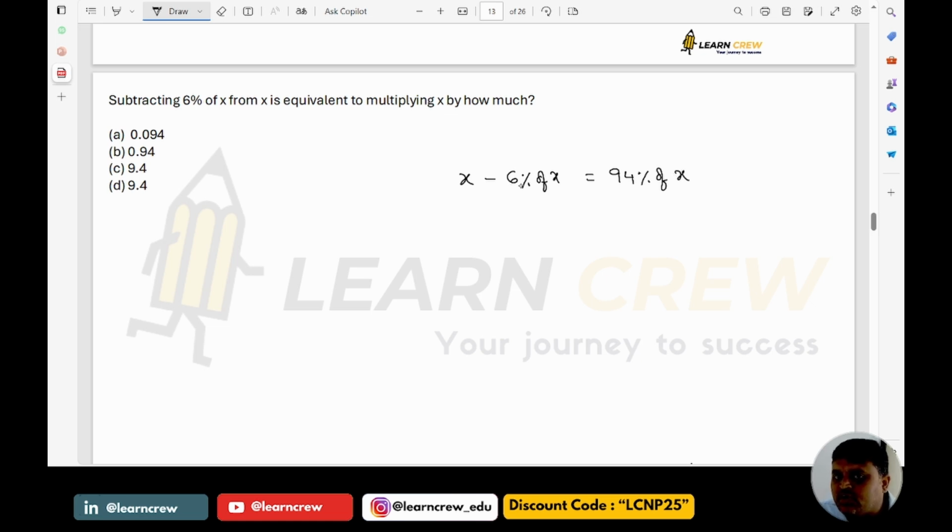Subtracting 6% of x from x is equal to 94% of x. 94% means 94 by 100, which is 0.94. 0.94 into x. So it is nothing but multiplying x with 0.94. So the answer is actually 0.94.